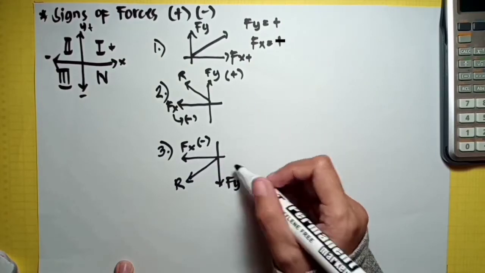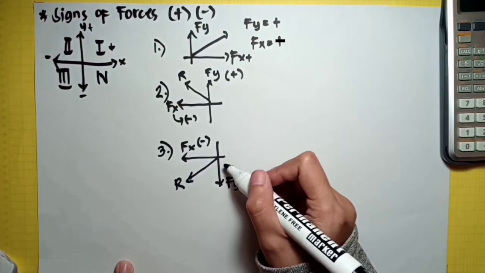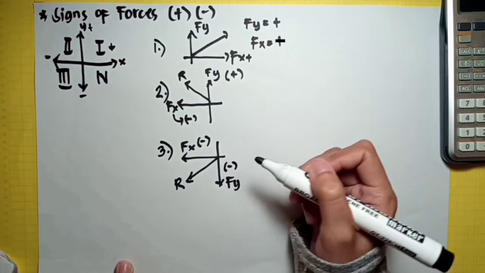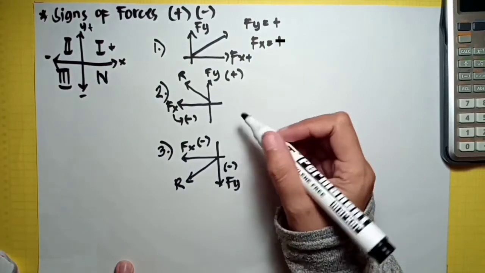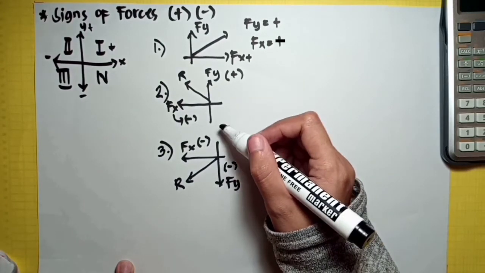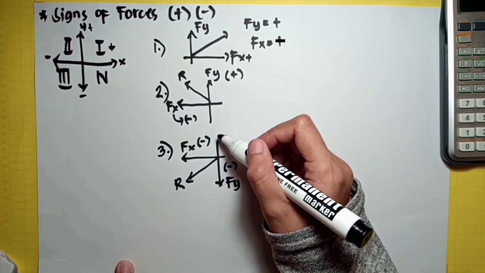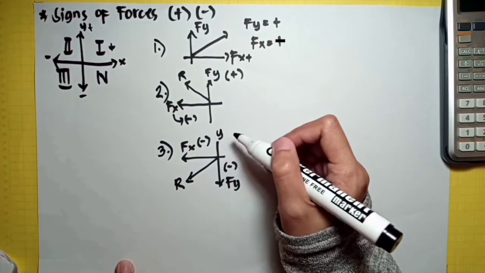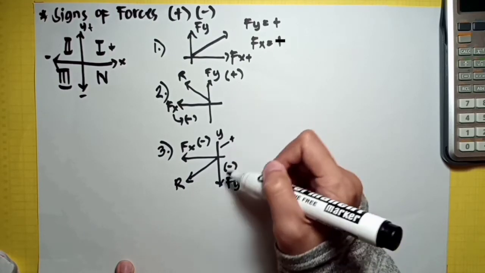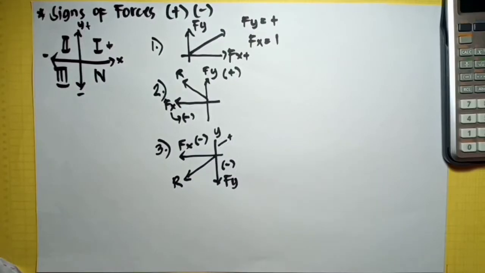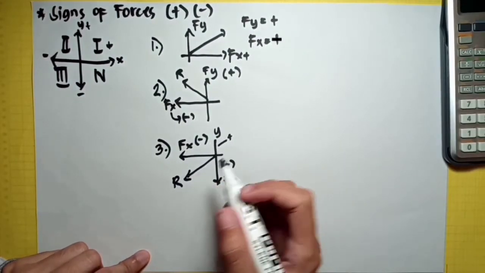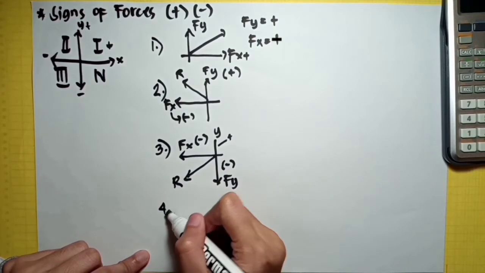Ang f sub y naman, dahil nasa baba siya, ay negative. Kung matatandaan nyo, ang upper part ng y-axis is positive, sa baba is negative. So, paano naman kapag nasa fourth quadrant ang forces?